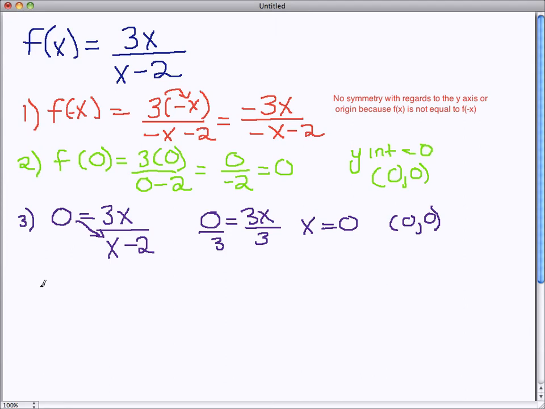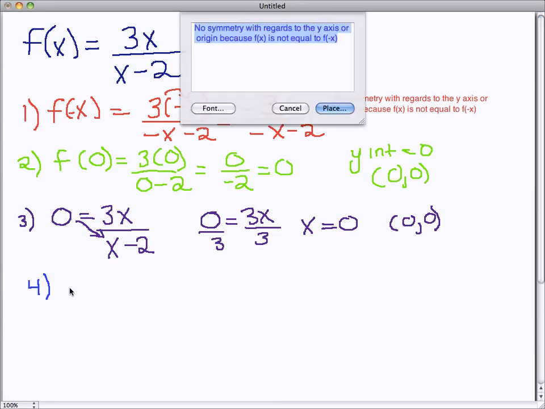When we move on to part 4, and I'm going to try and fit them all on here, we're looking for the presence of vertical asymptotes. And vertical asymptotes are found by setting the denominator equal to 0. So I'm going to just remind you of that.